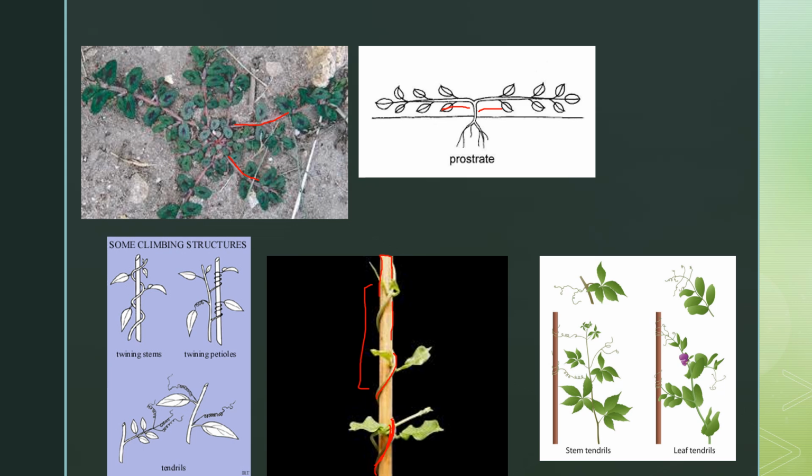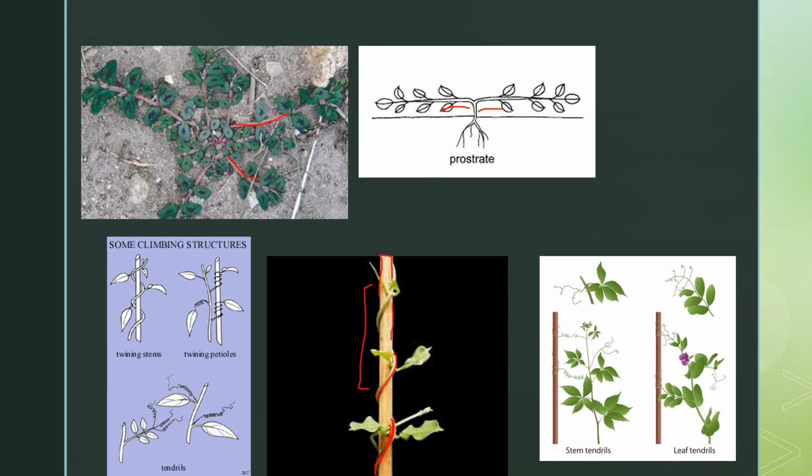If it needs tendrils to climb, and also leaf hooks, and also the leaf tendrils, it will be called a climbing stem. Here in the picture we can see the specialized organs which can help the plant to climb up on the objects.